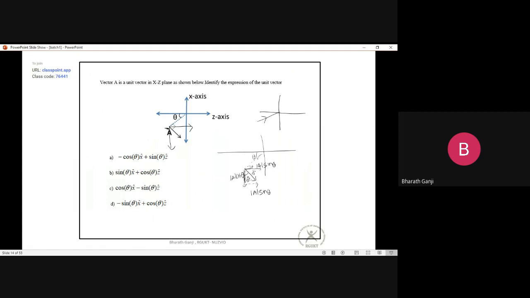Since the magnitude of a bar is 1, in the resultant we got cos theta on this side and sine theta on the other side. Cos theta is pointing in the negative x direction, so I have cos theta times negative x cap, and the other one is pointing in the positive z direction, so it is sine theta times positive z cap. So basically the answer was A.